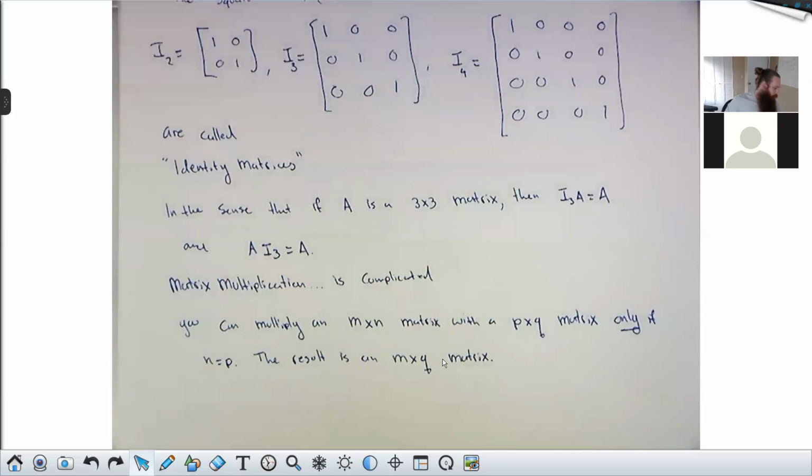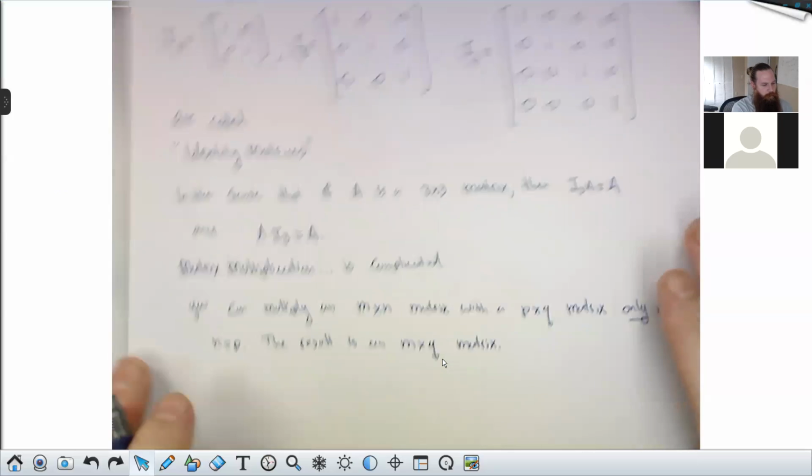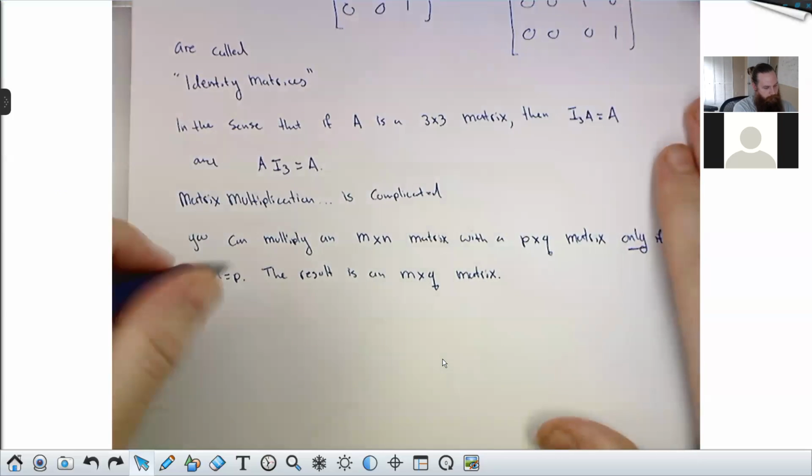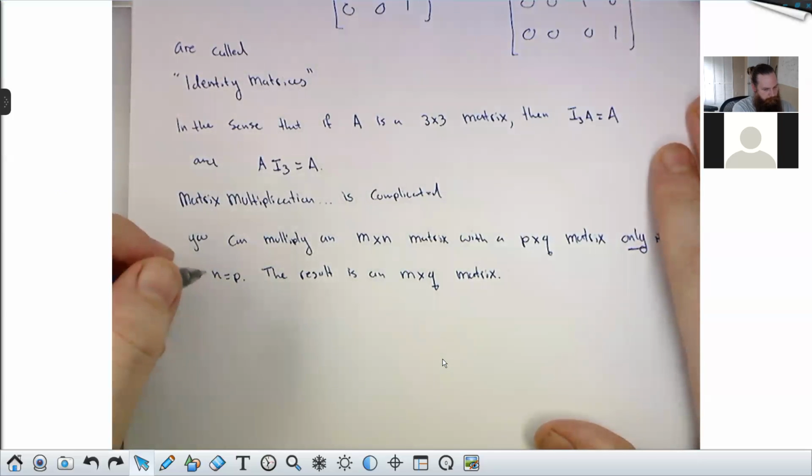And I really wish I had more time to talk with you guys about matrix algebra, but we are limited here. I'm going to show you how it's done, though. We're going to start by showing you how to multiply some small matrices.